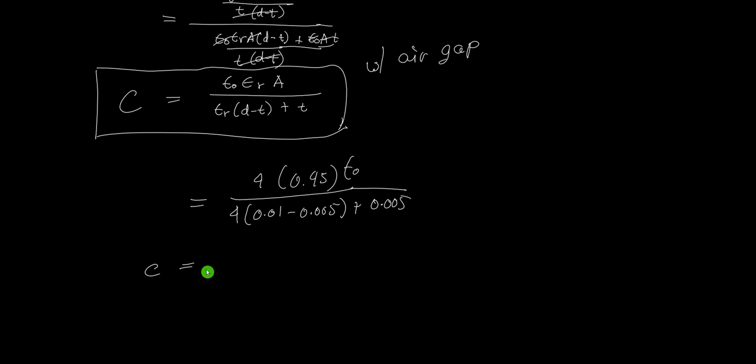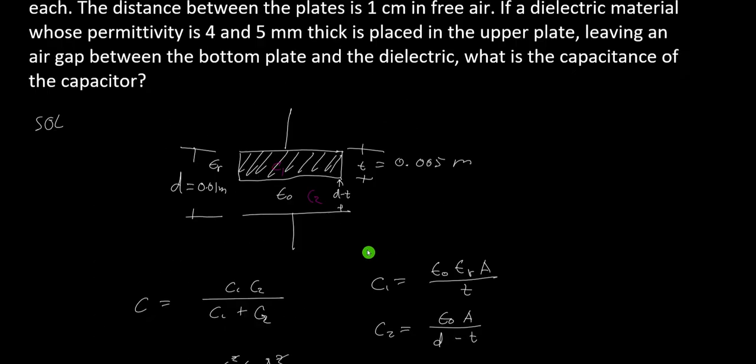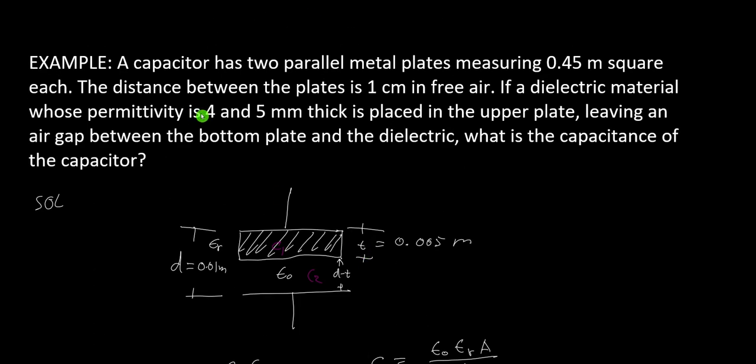And I still don't get the answer, and I found out that this 0.45 here is a trick problem. This is a tricky problem. If we observe, the plate measures 0.45 meters square each. So this is not 0.45 square meter.